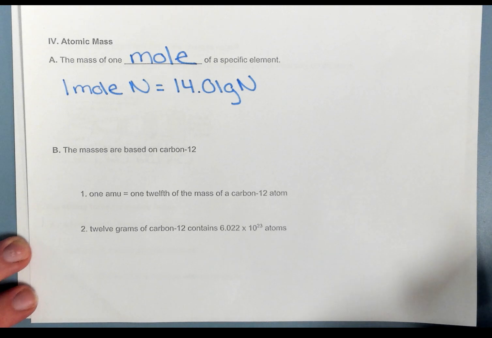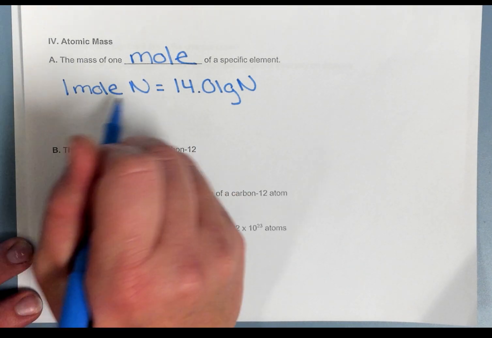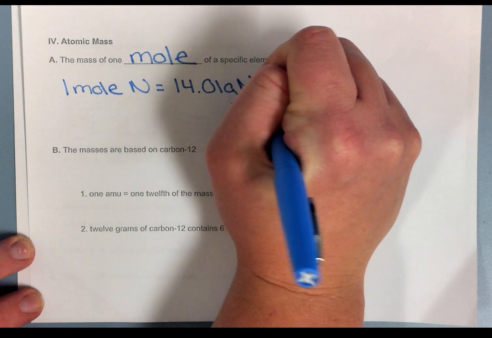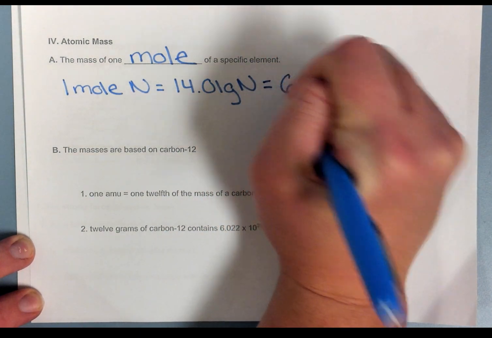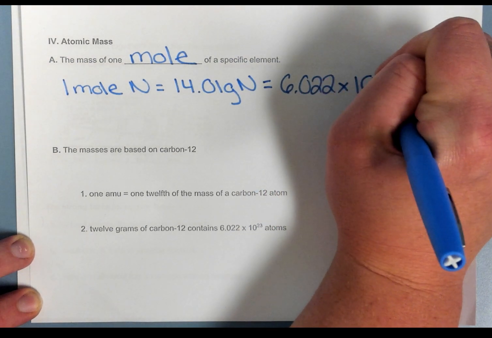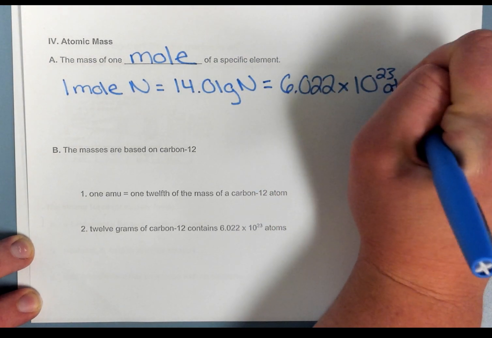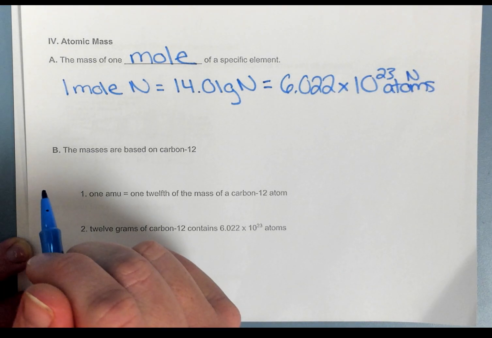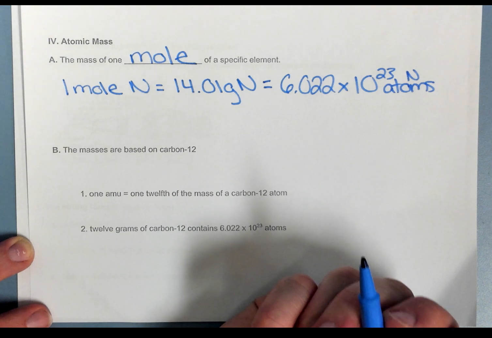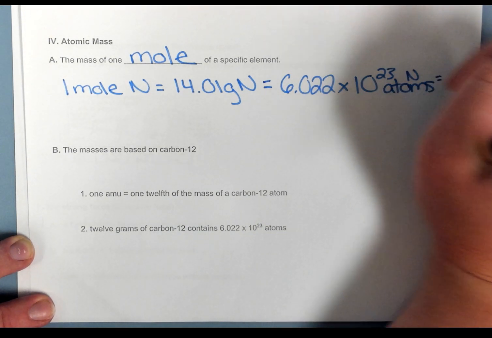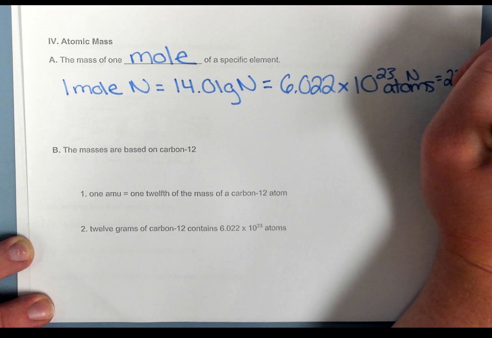What I can also tell you is that 1 mole that has a mass of 14.01 grams contains 6.022 times 10 to the 23rd nitrogen atoms. And if I were to go so far to say, okay, well, how much space does that take up? Well, that takes up 22.4 liters of space at STP.